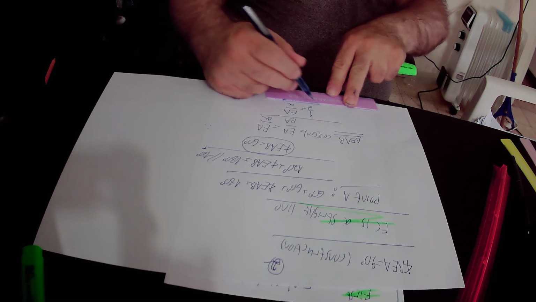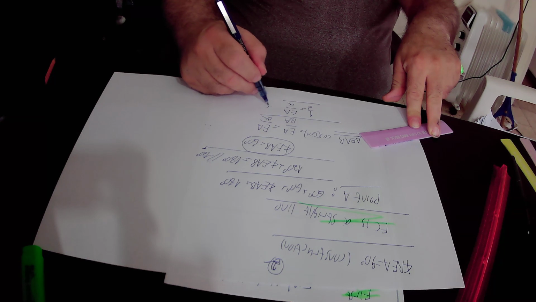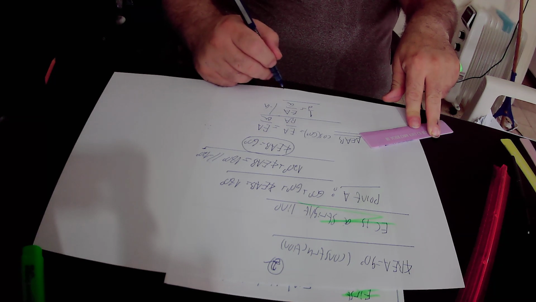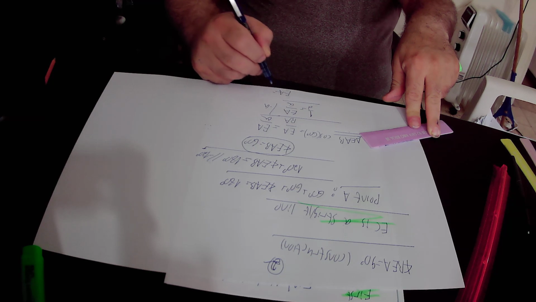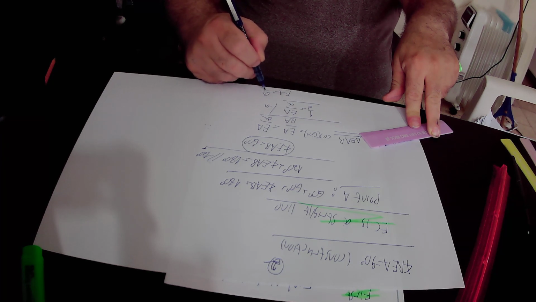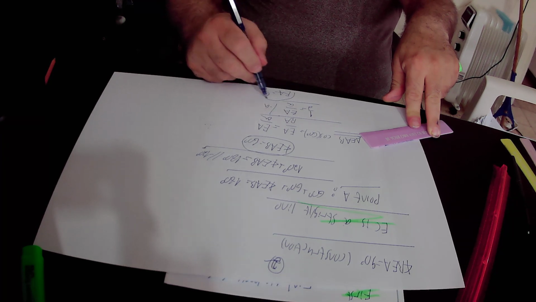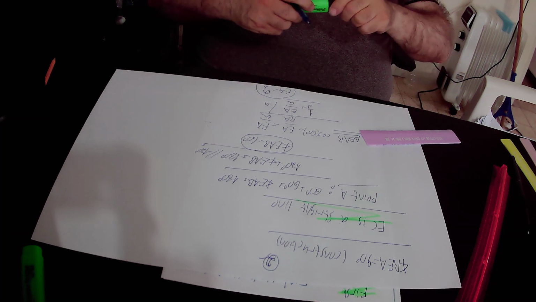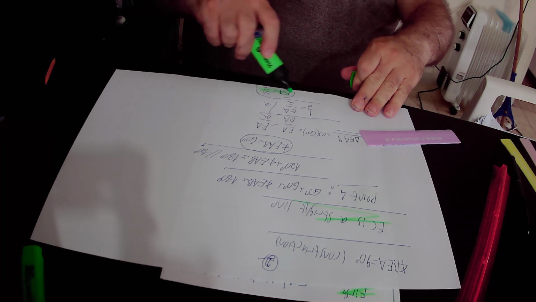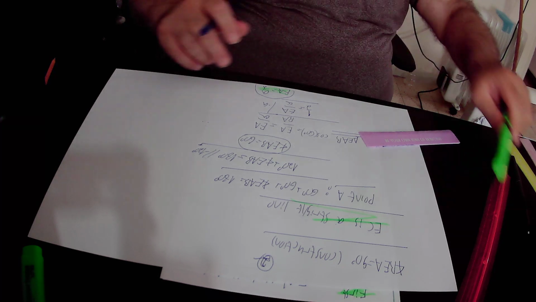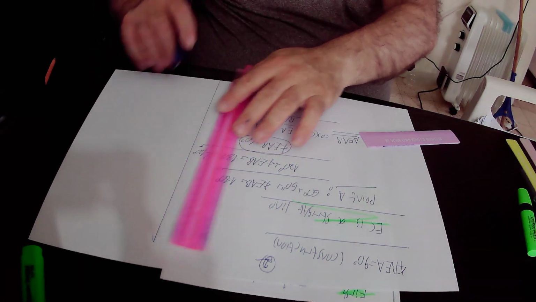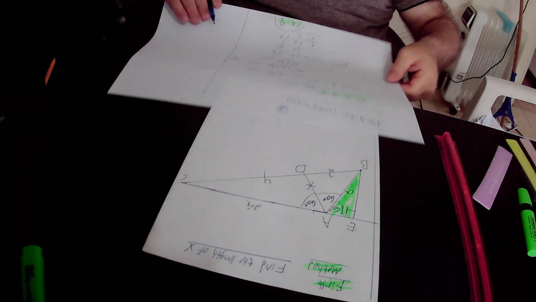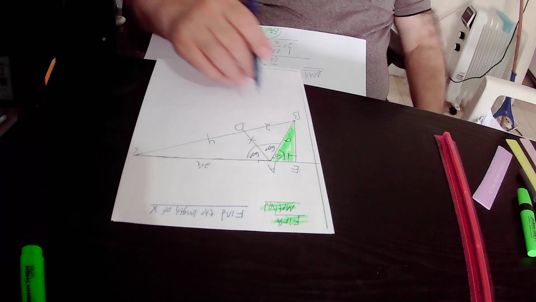Here we will multiply this equation by A, and we will get that EA equals A over 2. So we can write here that EA equals A over 2.